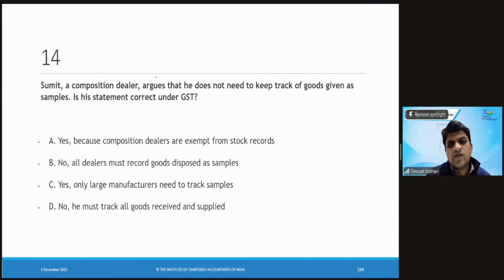For samples, there is no GST, right? When you sell any goods as sample, you don't pay GST because there is no consideration. But what is the implication?